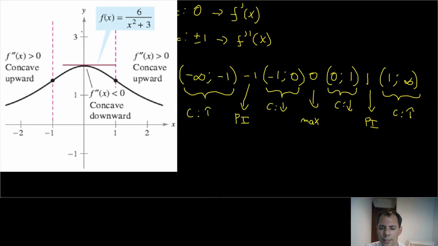It's becoming less and less negative. That means the concavity is up. And after the 1, yes, the concavity is up right here. And 1 is a point of inflection. And it just works. See?